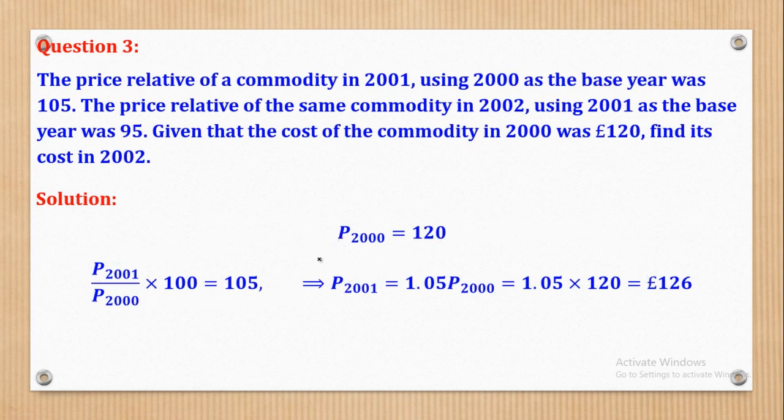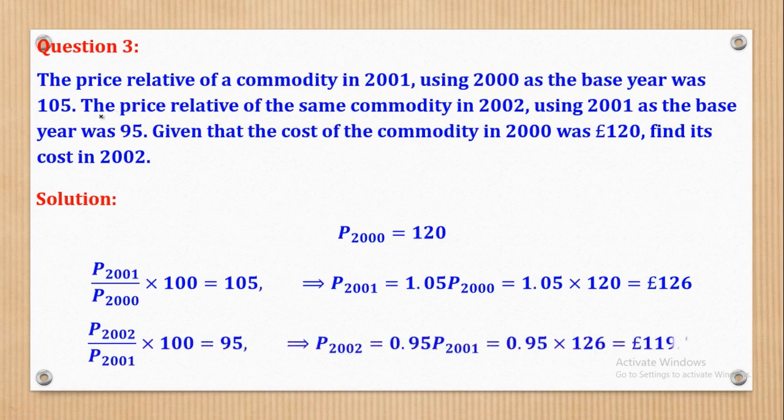But that is not all, because they want the cost in 2002. So shall go to the next statement. Here they said the price relative of the same commodity in 2002 using 2001. You must know that.